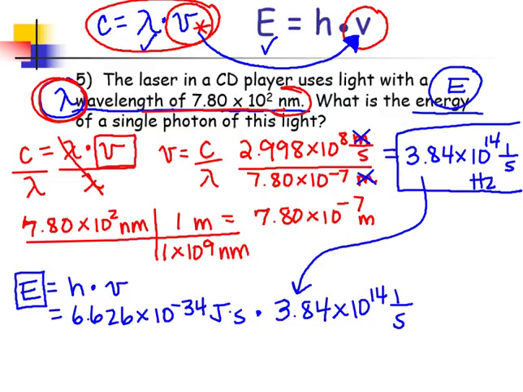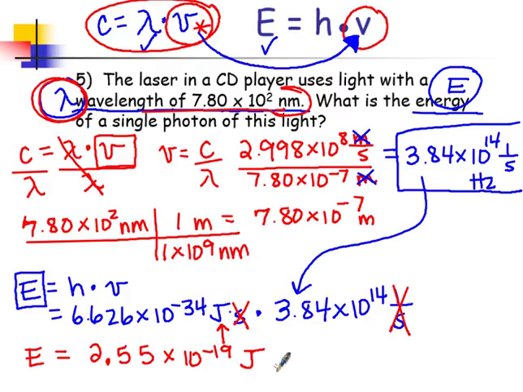My little nerd brain says, oh, seconds in the numerator cancels with seconds in the denominator. I'm left with J. So my final answer ends up as 2.55, I had to round up, times 10 to the negative 19th joules.